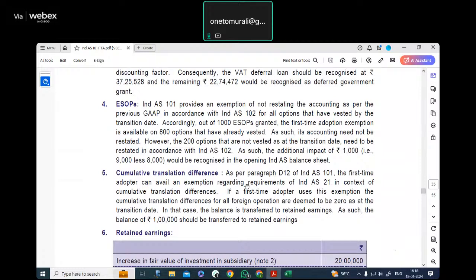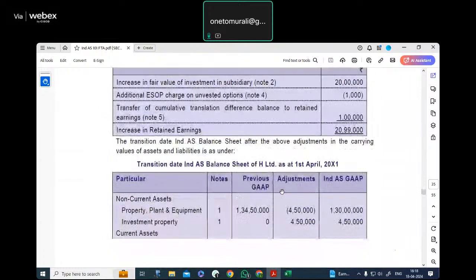Accordingly, out of 1,000 ESOP granted, the first-time adoption exemption is available on 800 options that have already vested. As such, their accounting need not be restated. However, 200 options that are not vested at the transition date are expected to be restated at 102, because the other 800 got already vested. So as such, the additional impact from 8,000 to 9,000 should be recognized in the opening Ind AS balance sheet.